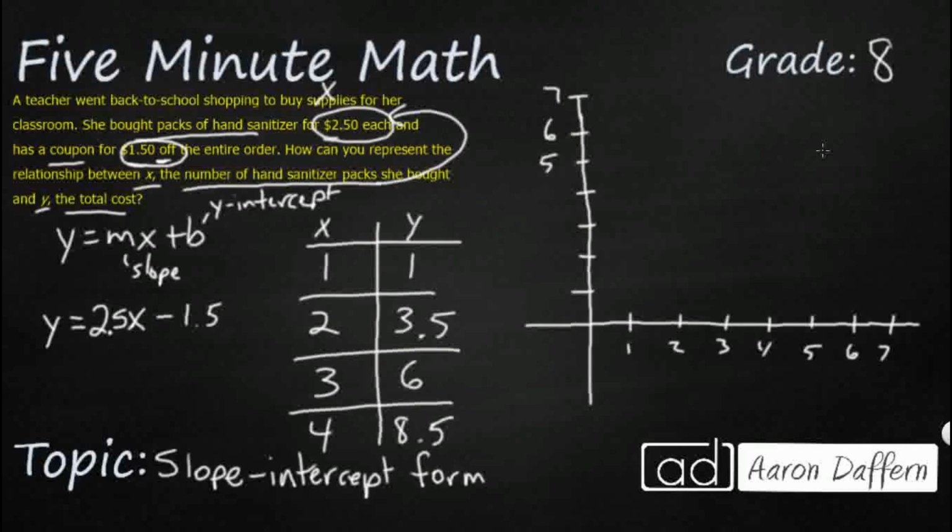We'll see how that 0 becomes a little bit weird, but we can go ahead and graph it anyways if we really wanted to. So we've got our 1, 1 right here. And we've got our 2, 3.5. You notice how steep that slope is right there. Then we've got our 3, 6.